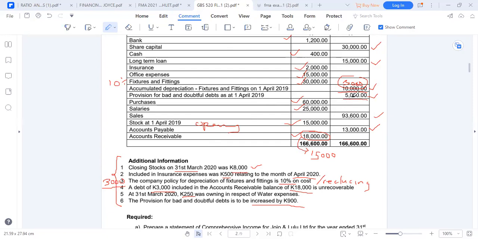So this 5,000, which we are subtracting here from the 15,000, we also subtract this 900, so that our debtors figure will ultimately be 15,000 minus 5,000, 10,000. 10,000 minus 900, we get 9,100. This is what will remain under the debtors figure.